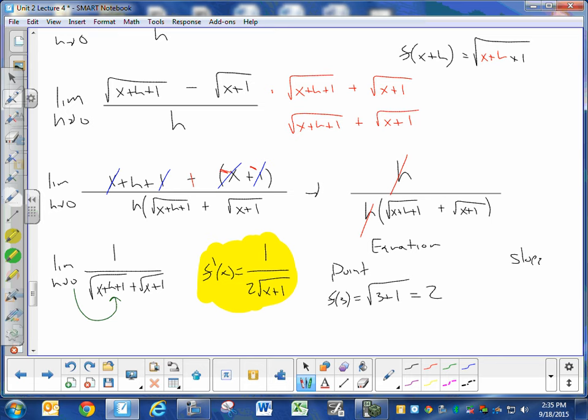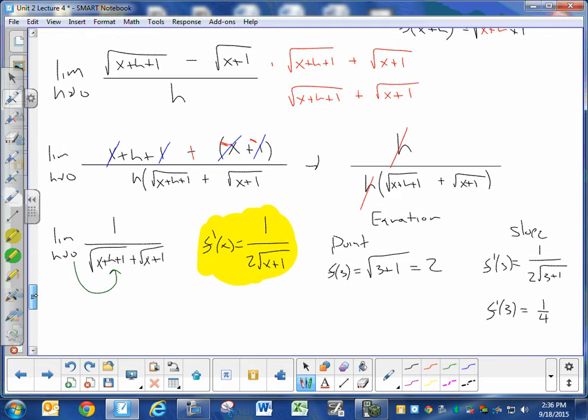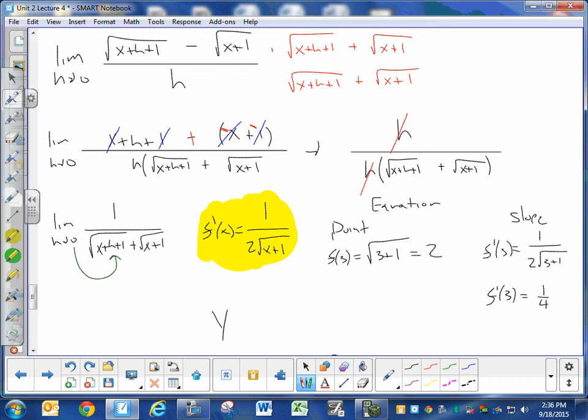Now the slope of my tangent line will come from my slope-generating function, f prime. So I'll find f prime of 3, 1 over 2 root 3 plus 1, so that's 1 over 4. Now I can write my equation, y minus y1 equals m times x minus x1.